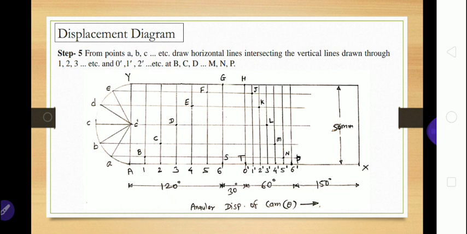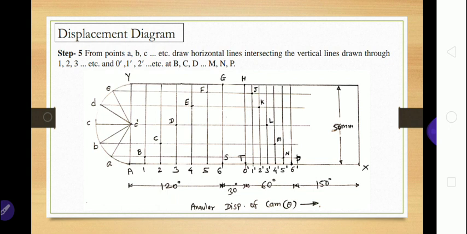If small a line horizontally is intersecting with the first vertical line, then that point I will call capital B. Similarly, when small b horizontal line intersects the second vertical line, they will intersect at capital C point. Similarly, I will mark all the points at these intersections horizontally and vertically and give the names A, B, C, D, E, F, G, H, J, K, L, M, N, P.